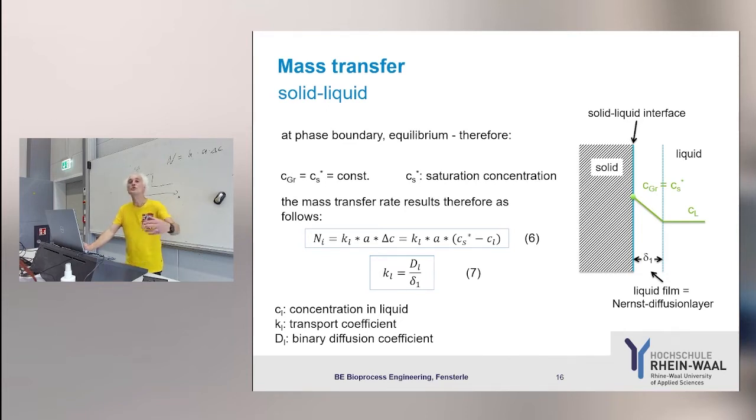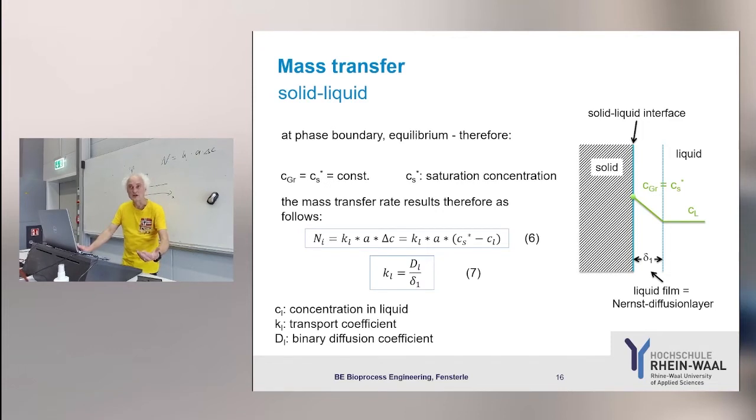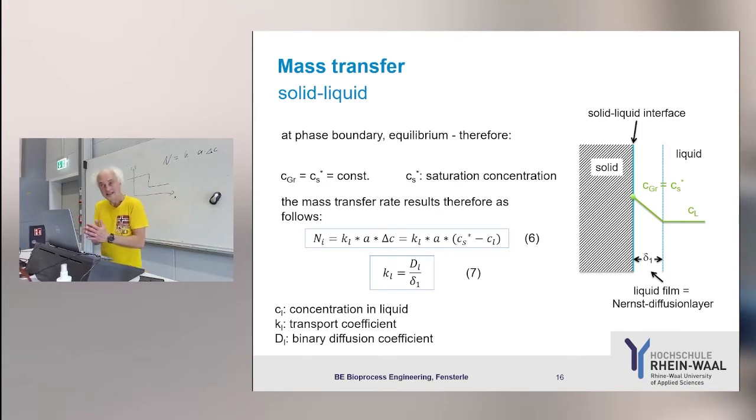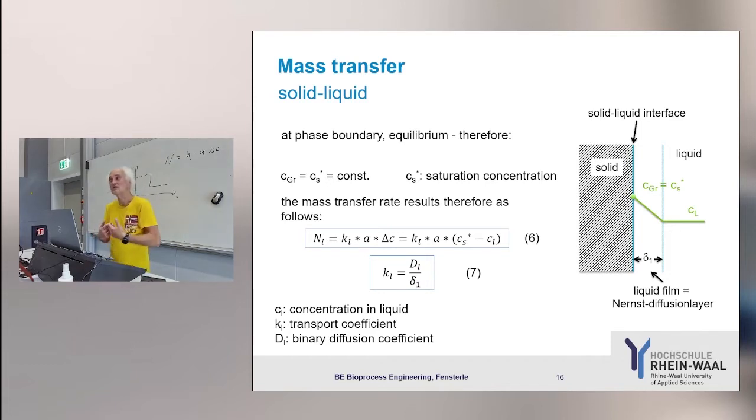In other words, very simply, if you dissolve salt in water, and the concentration of your salt in water at the beginning is 0, at the beginning it will be fast to dissolve it, your concentration will quickly increase, but at the end, if you come close to the solubility, it will take longer. Yeah? This is what this says, because the concentration difference then decreases, and the driving force, the transfer rate, goes down.